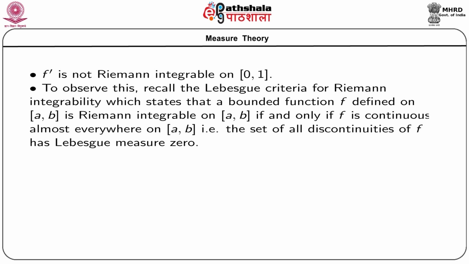How do we observe this? Let us recall the Lebesgue criterion for Riemann integrability, where we get the result that a bounded function f defined on the closed interval [a, b] is Riemann integrable on [a, b] if and only if f is continuous almost everywhere on [a, b], that is, in other words, the set of all discontinuities of the function f has Lebesgue measure 0.